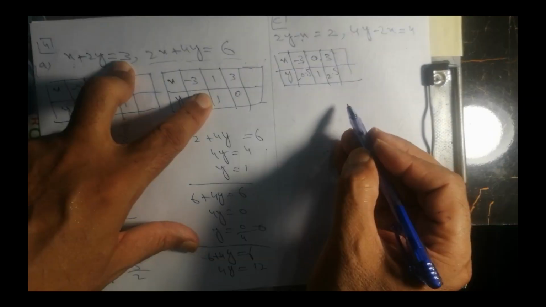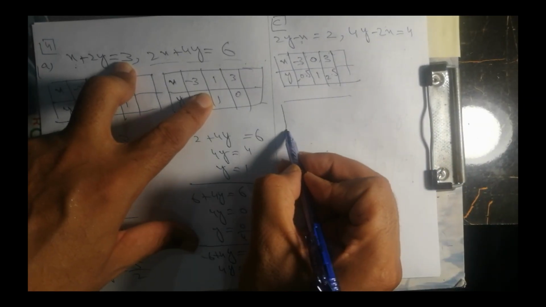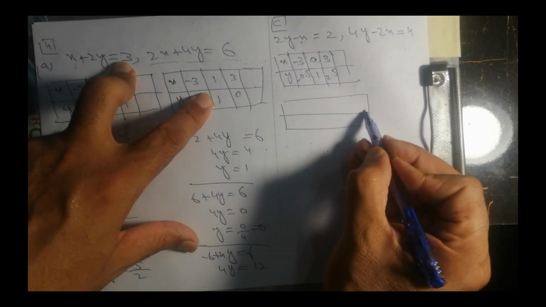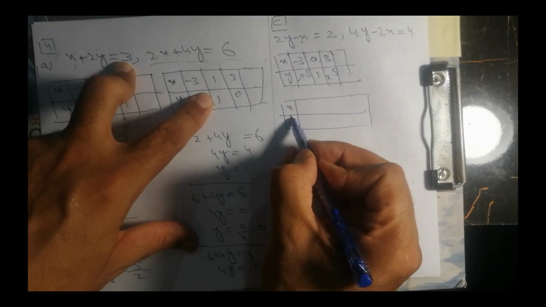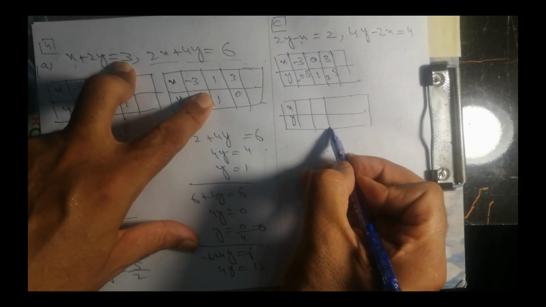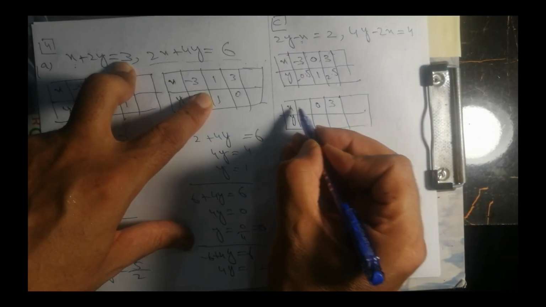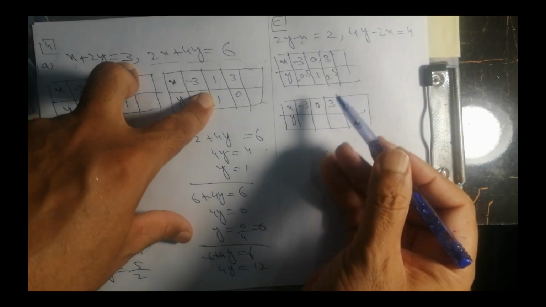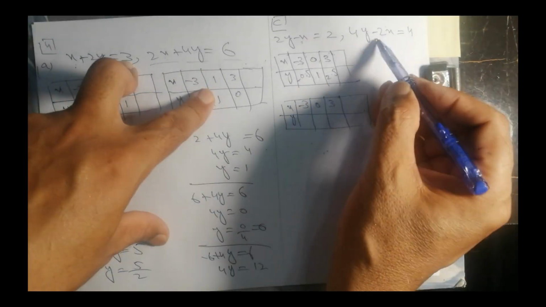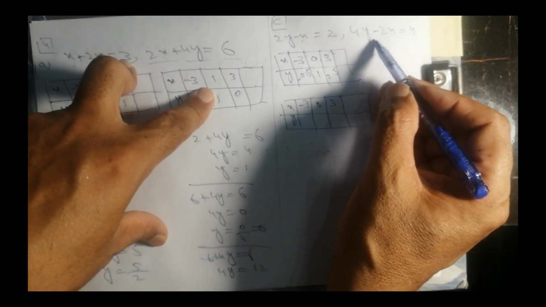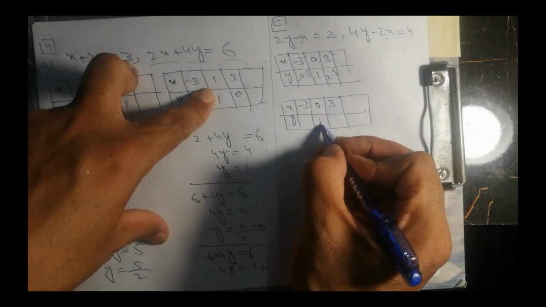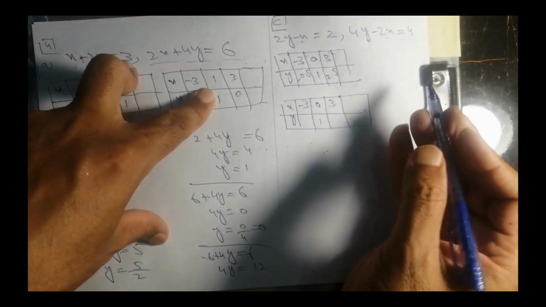And for this line, x, y, again we can put the same values. When x is 0, y will be 1.